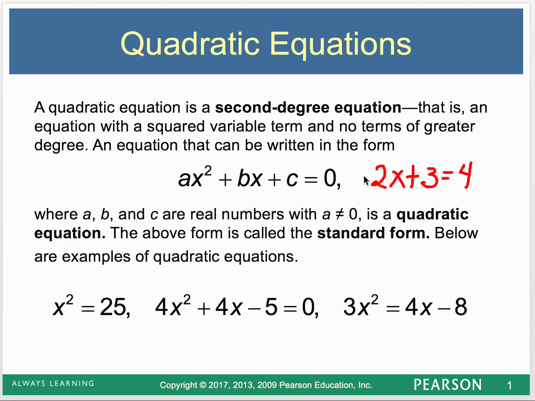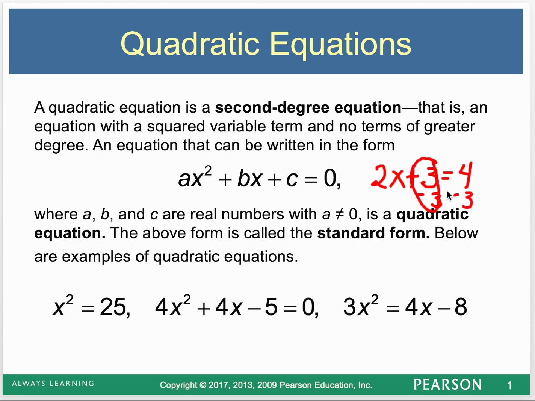As a matter of fact, let's just review that method because it's going to help us with one type of our quadratic equation. Remember, if we have a linear equation, our purpose is just to get the variable on one side of the equal sign and the numerals on the other. So I can subtract 3 from both sides as long as we do the same thing to both sides of the equation, right? Then we get equivalent equations.